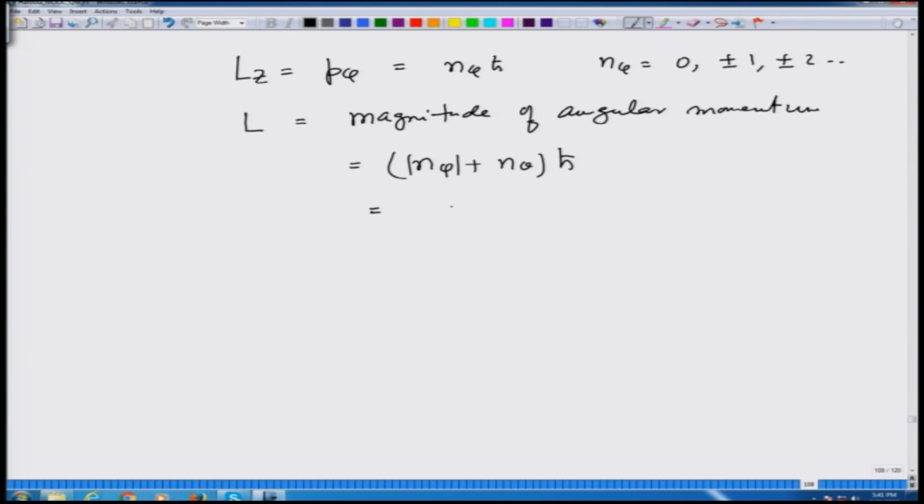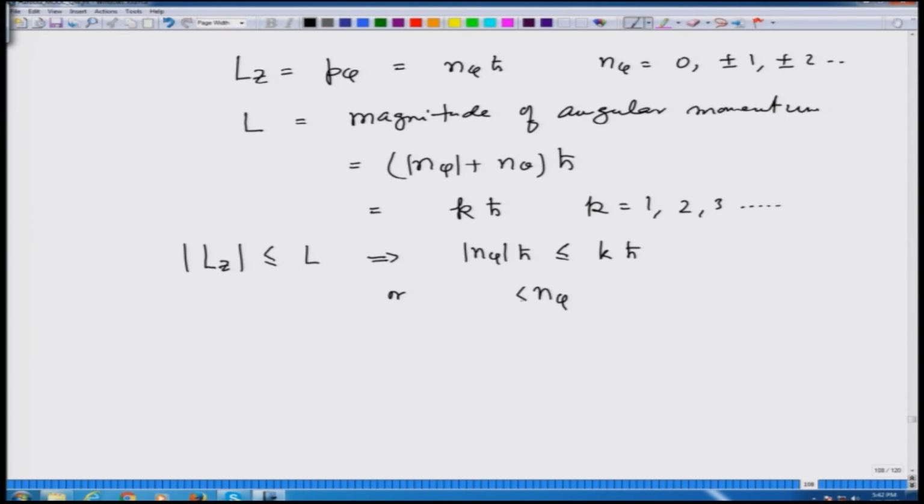So, this is equal to, let us call it k, h cross, k equals 1, 2, 3 and so on. Since we found that mod Lz is less than or equal to L, this necessarily implies that mod n phi h cross is less than or equal to k h cross, or n phi is confined between minus k and k.